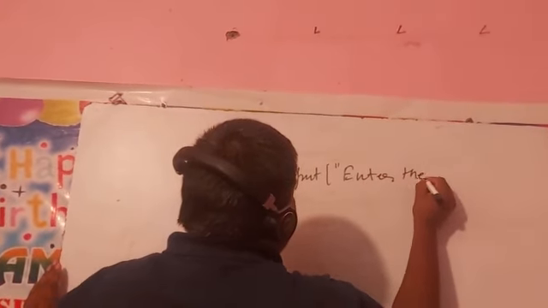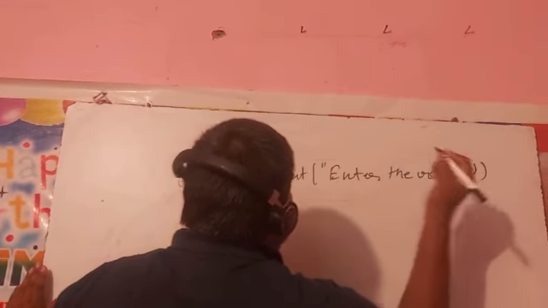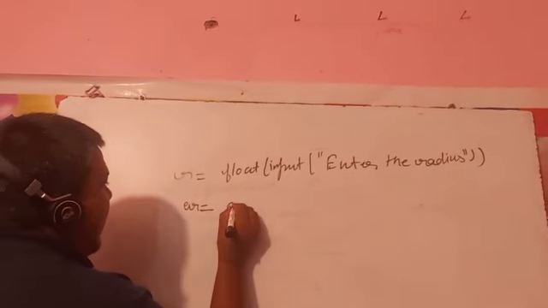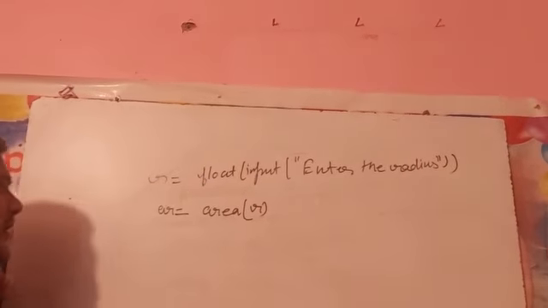I will take the radius from the user and then find area is equal to area, the function, in which I pass the radius.